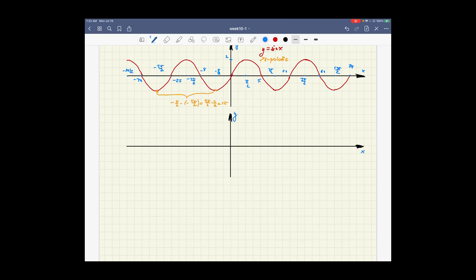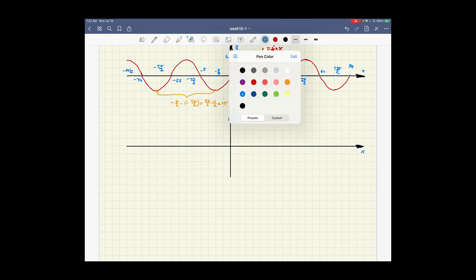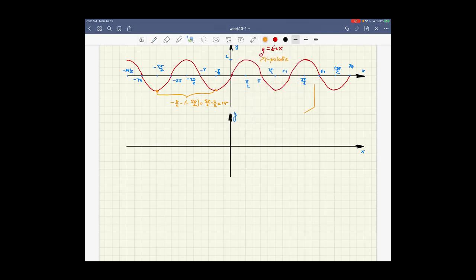So again, the transformation we're applying is the following. We're going to be horizontally compressing by a factor of pi over 2. Of course, pi over 2 is greater than 1. So we're speeding up our function. The period will be smaller than 2 pi after that.